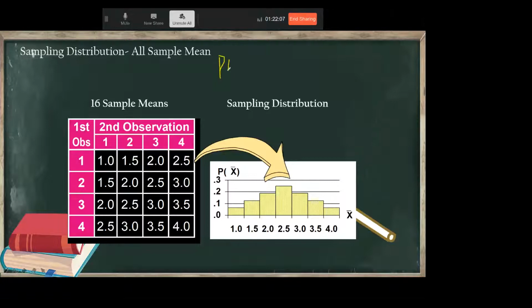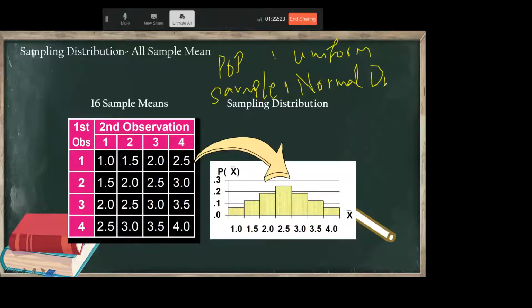The population is uniform, and here it's a normal distribution, or a symmetrical distribution. Now, what is the logic? Let's discuss a bit.